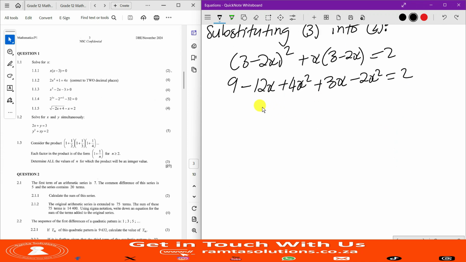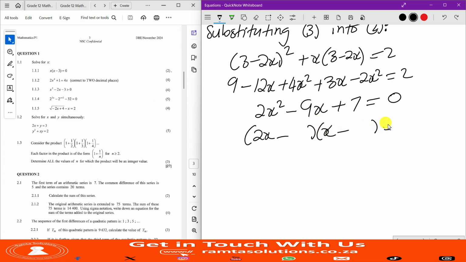Collecting like terms, we have 2x squared minus 9x plus 7 equals 0. Okay, cool. So to factorize this, I will have to say 2x minus 7 and then x minus 1 equals 0.